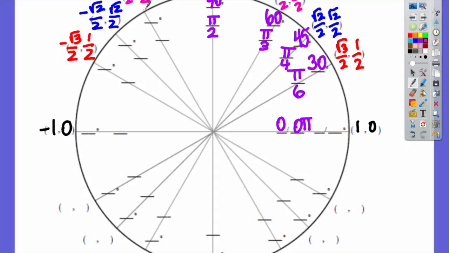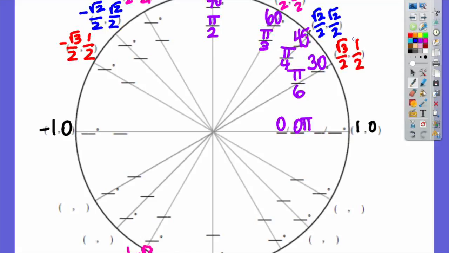Exactly. Quadrant 3, both of them are what? Negative. Okay? Now, the one that goes along with 60 in this angle over here, they make a box. Or if you want to say, hey, they're on the same line, just straight across from each other. You see? Are you with me? So what's this ordered pair? Negative 1/2 and negative square root 3 over 2.